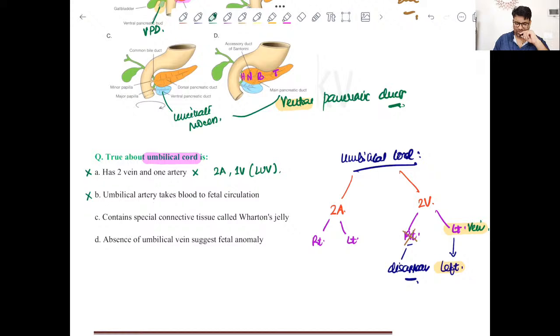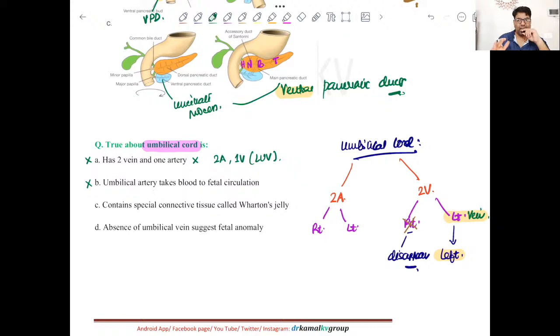Now let me tell you the concept. Sneh, Pranav, let me clarify. Usually when we talk about arteries, we say that these are the vessels which take the blood away from the heart. But that is not the true case, because there are two vessels which actually take the blood towards the heart, right?